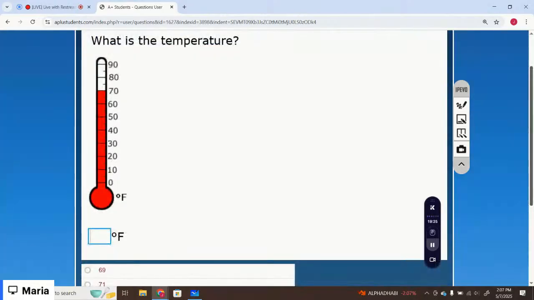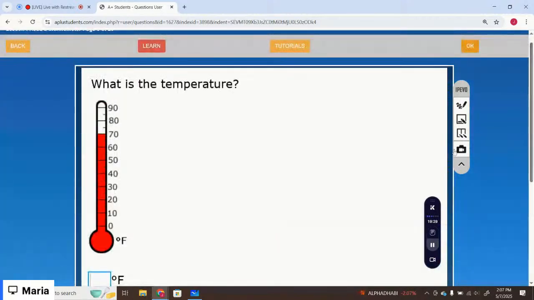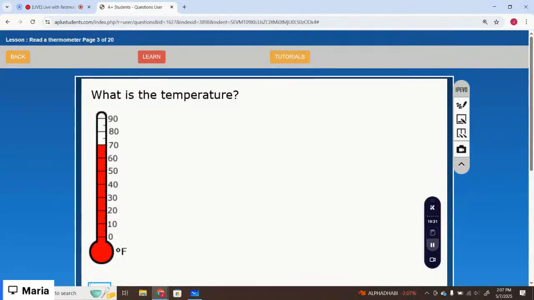That is 70 degree F. Option number three is the correct option, that is 70 degree F.